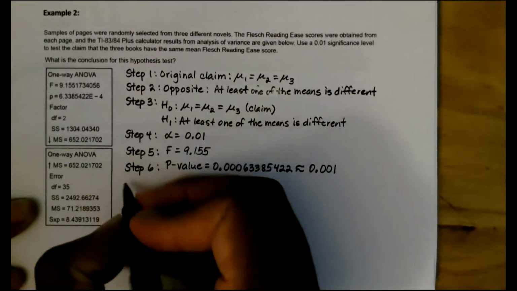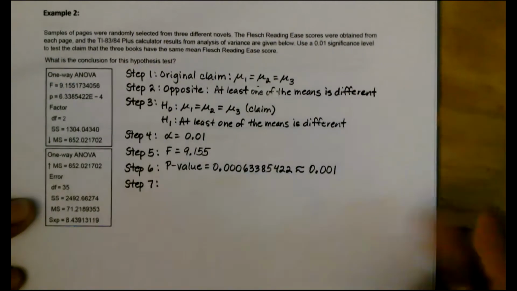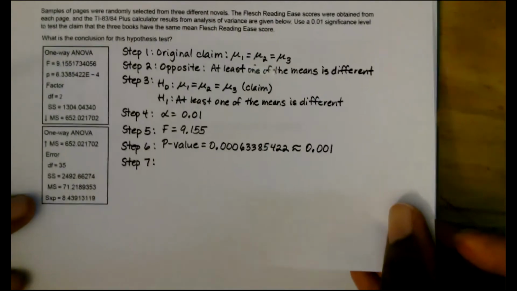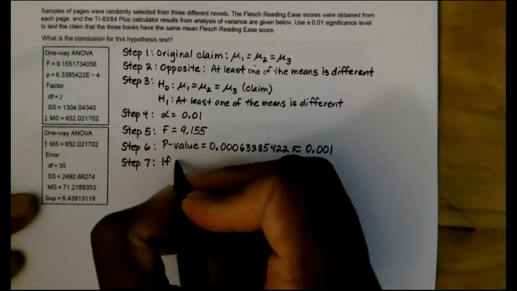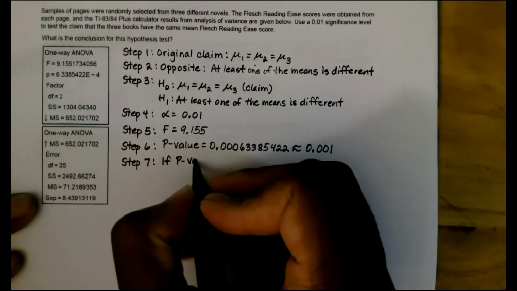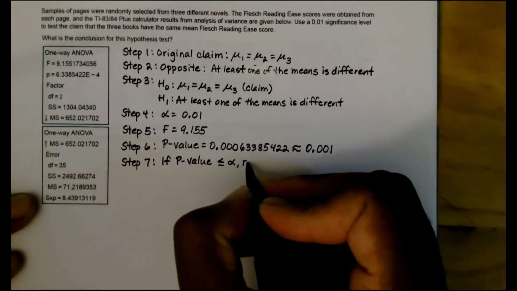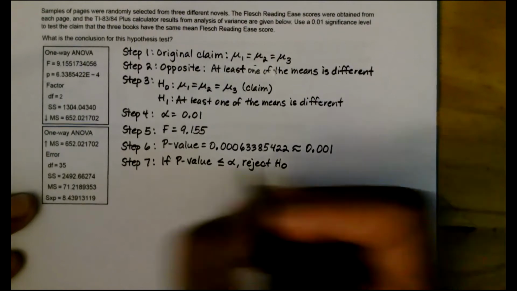Step number 7 is our decision rule, and that's this. If the p-value is less than or equal to alpha, we're going to reject the null hypothesis.